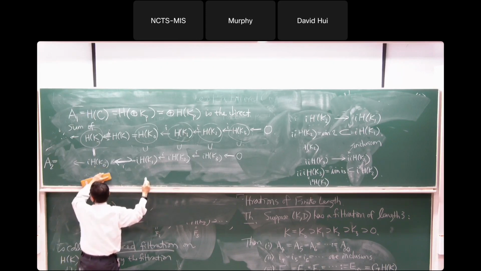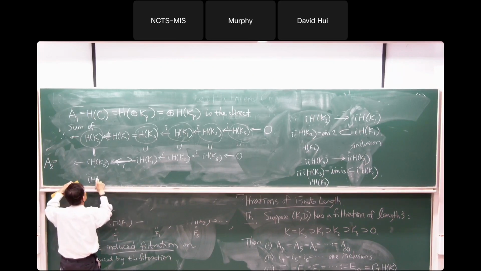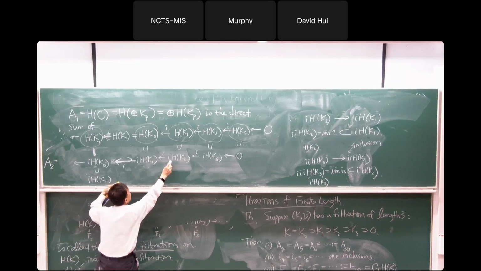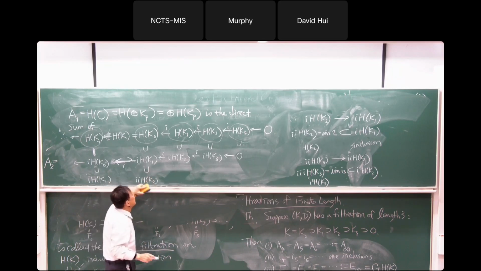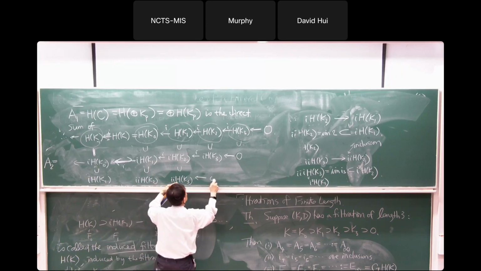Probably I should write it on the same blackboard. IHK1 is contained in here, and then IIHK2 is contained in there, and IIH of K3 is contained in there, and that's followed by 0.